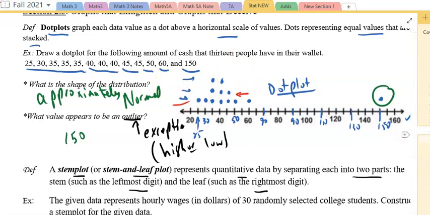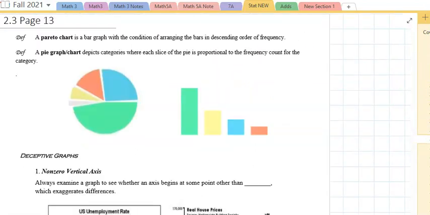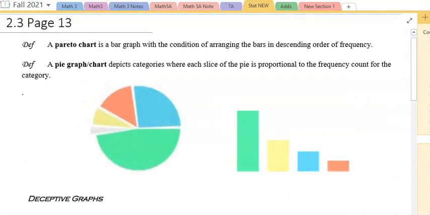Now if I look at the second page of this section, a Pareto chart is a bar graph with the condition of arranging the bars in descending order of frequency.